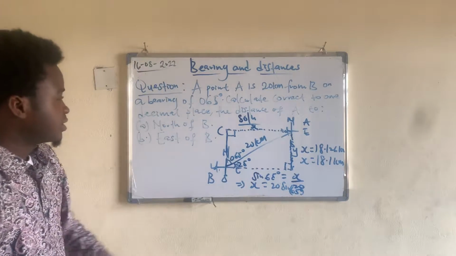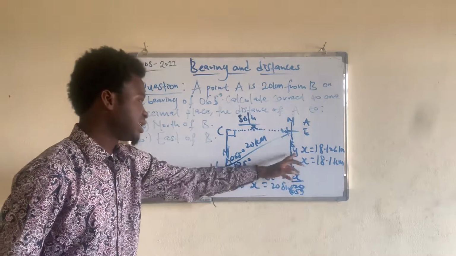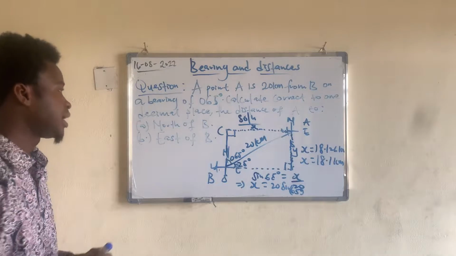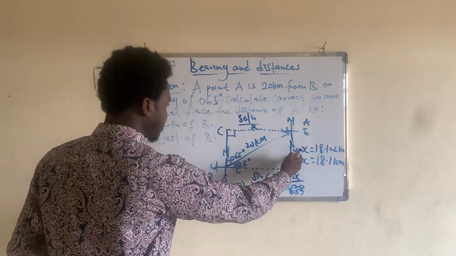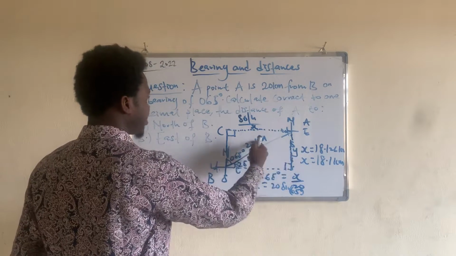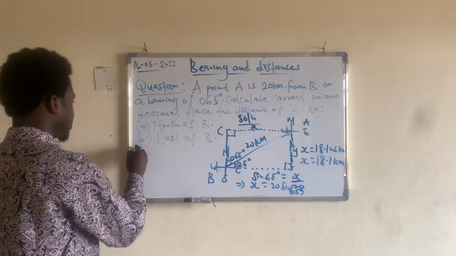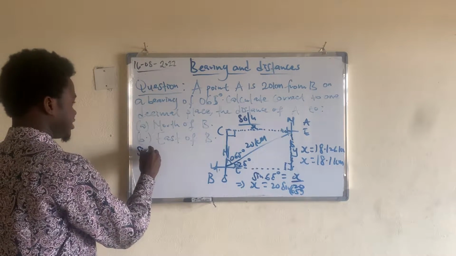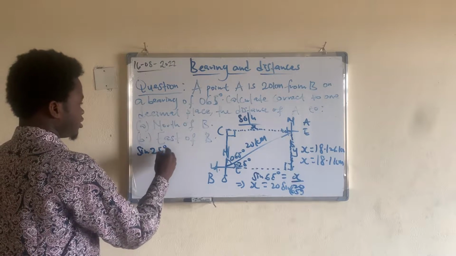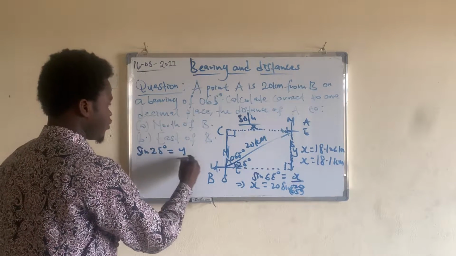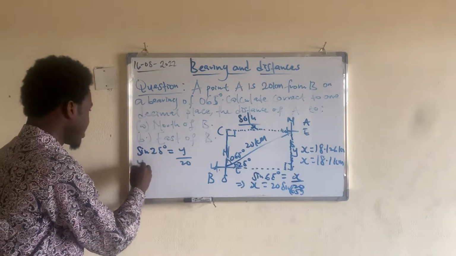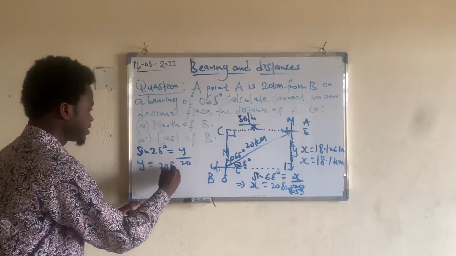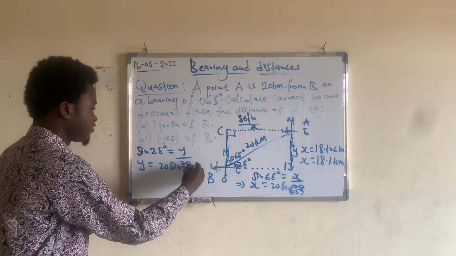So now we can find the side length Y. To get the side length Y, we also use our trig function. This is the unknown opposite over the known hypotenuse, that's sine. So sine 25 degrees is equal to Y over 20. So Y is equal to 20 sine 25 degrees.